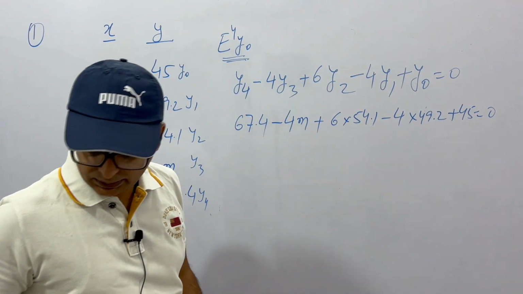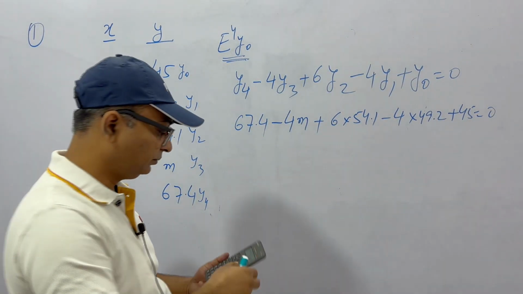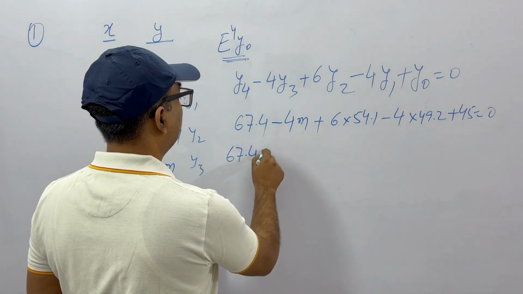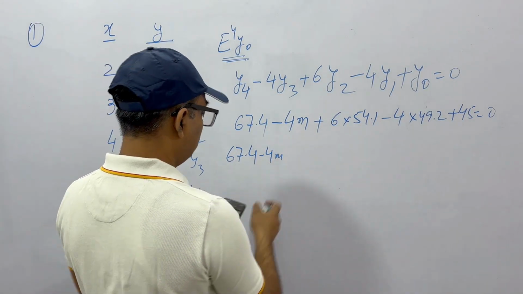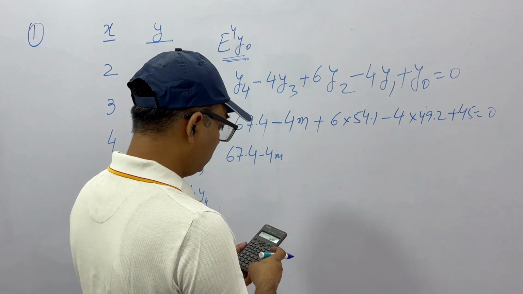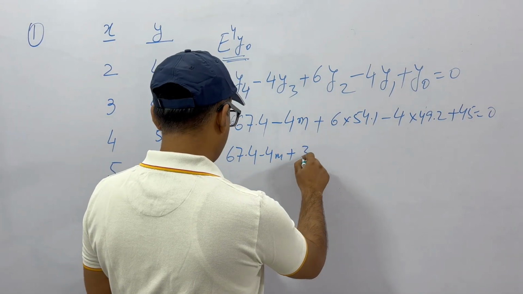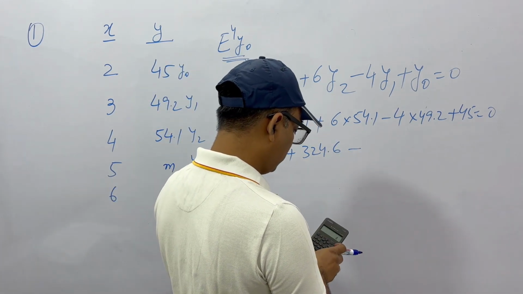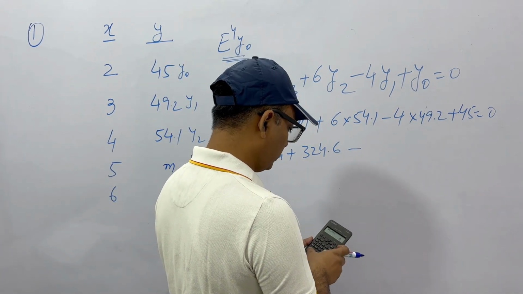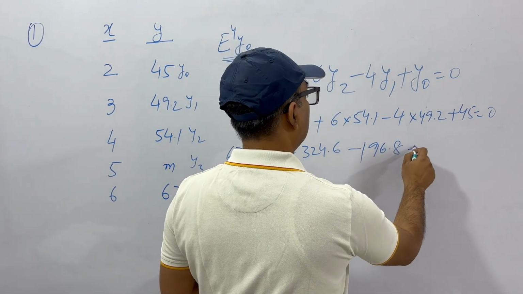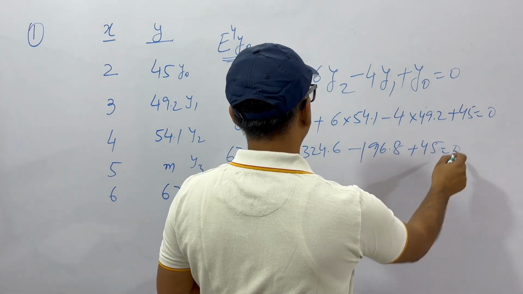So let's calculate this. This comes to 67.4 minus 4m, plus 54.1 into 6, 324.6, then minus 49.2 into 4, so this comes to 196.8, plus 45 equal to 0.